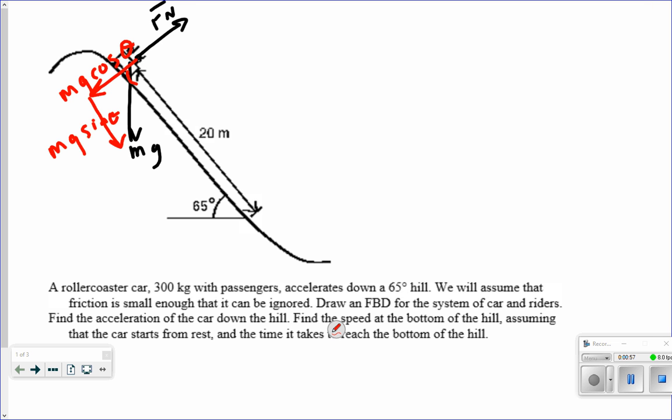Now, find the acceleration of the car down the hill. Let's consider what is making this go down the hill in the first place. We're ignoring friction, so the only force actually trying to go down the hill is this one. Bigger minus smaller, we don't have smaller. So when we say ma, bigger minus smaller, let's start with bigger, and there is no smaller.